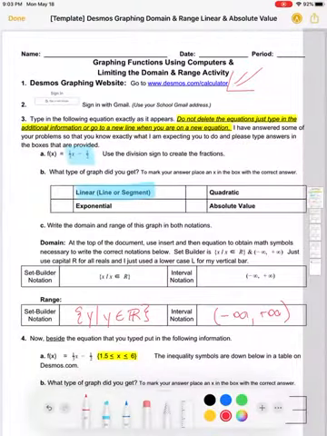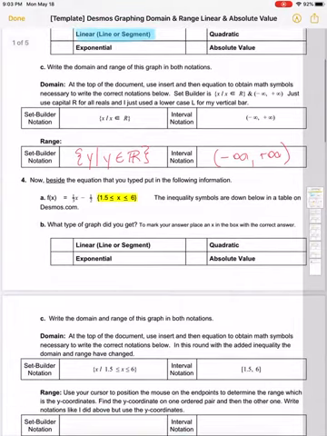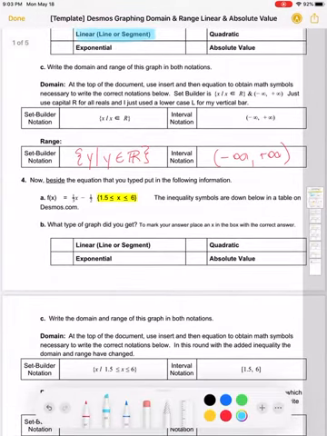So you come back to your assignment. Okay, and we are going to come down here. What type of picture did we get for that? Well, it's a line segment. What's the domain and range? Well, we know the domain because we told the domain what to be. Right here, you told it what to be. So notice that's what she put in.